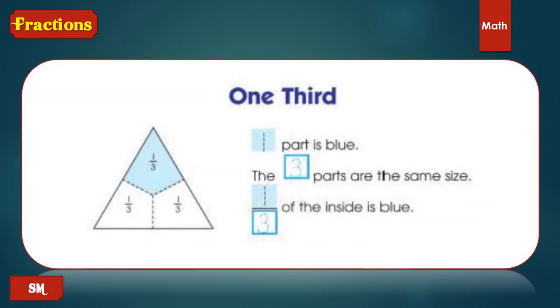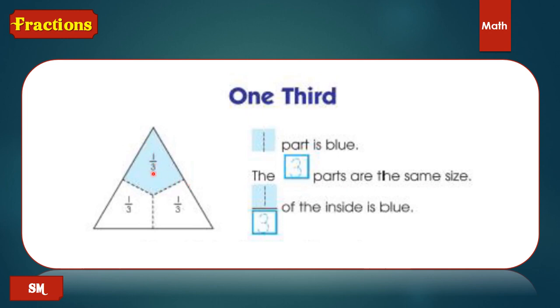Please open your supporting material sheet. Here in this page you have 1/3. He explained here what the meaning of 1/3 is. I have a shape like a triangle, and I split it into 3 equal parts, not any 3 parts, 3 equal parts, or 3 same size parts, and I took 1 from them.